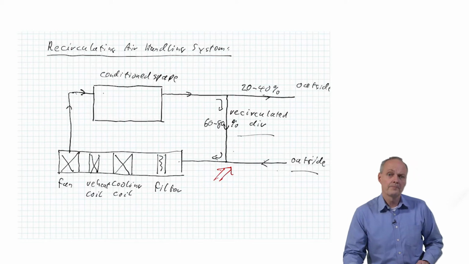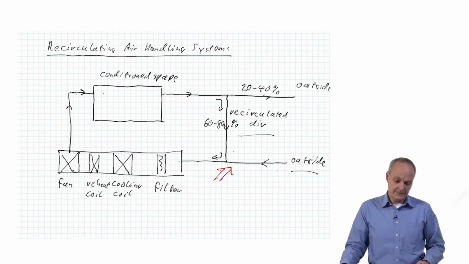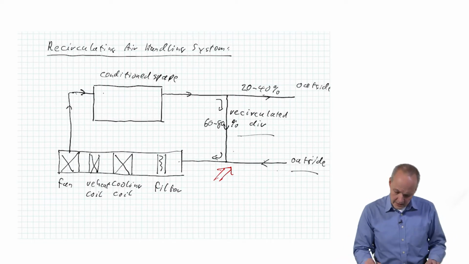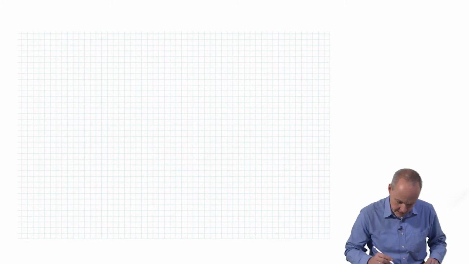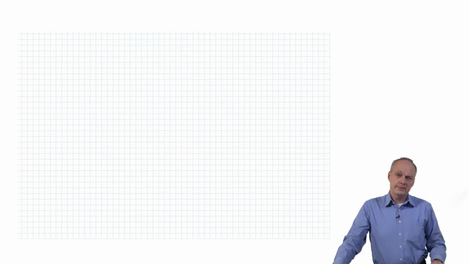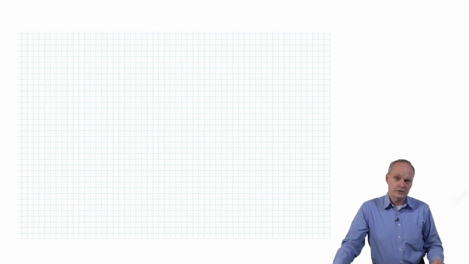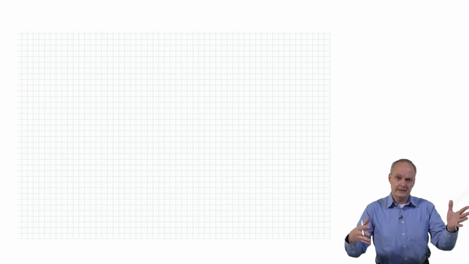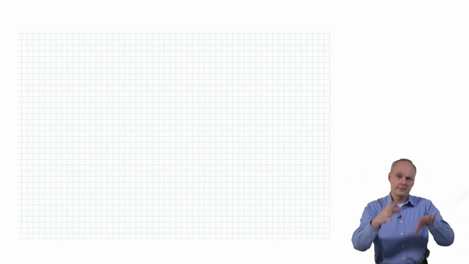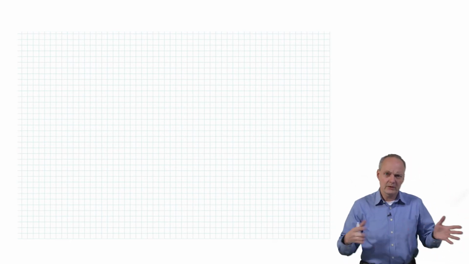And this is where mixing happens. And now we want to understand how the mixing process works, okay? So the mixing is something that we typically want to consider as adiabatic. So we assume that we take the air, two air streams, bringing them together, we're mixing them, but there is no exchange with the ductwork and so on.